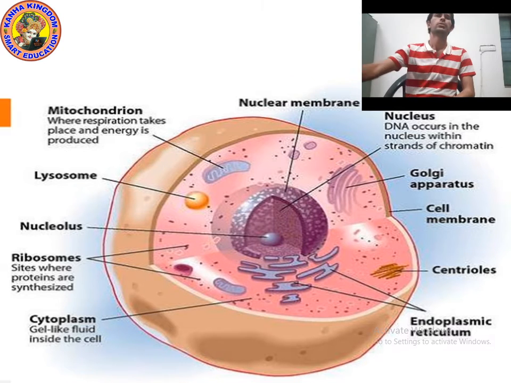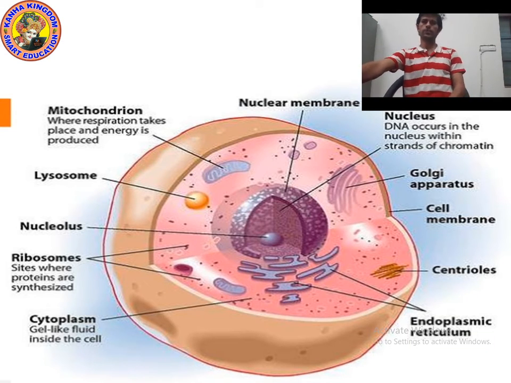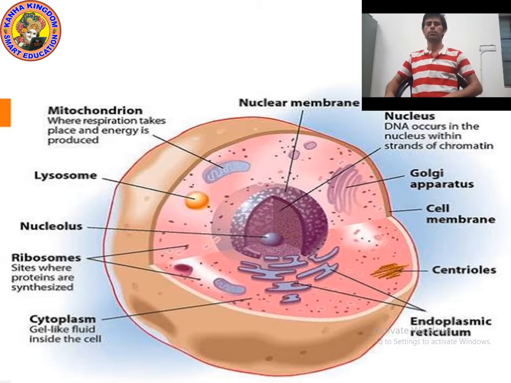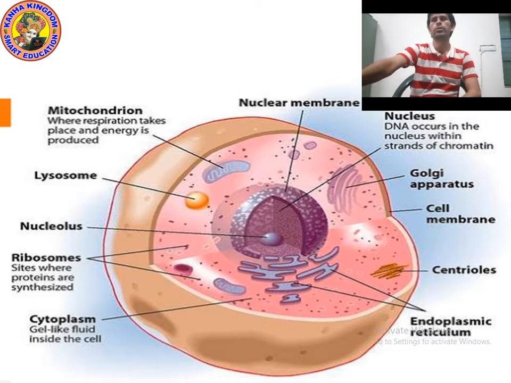Okay, kids, look at the picture of the cell carefully. As you can see, these are different parts of a cell. Tell me the names of these parts.